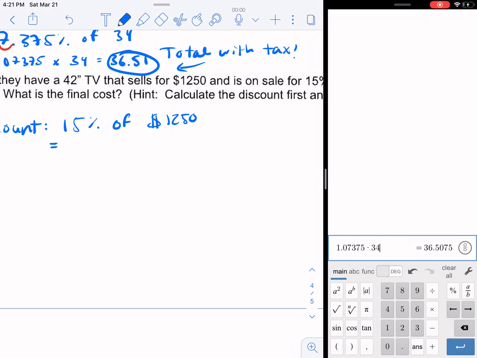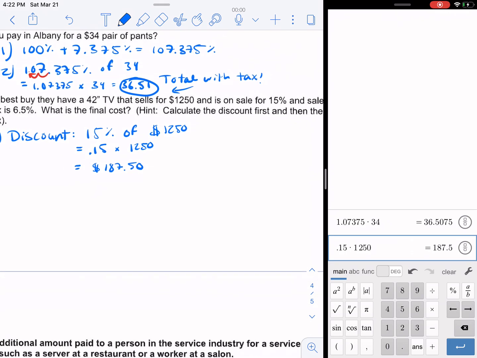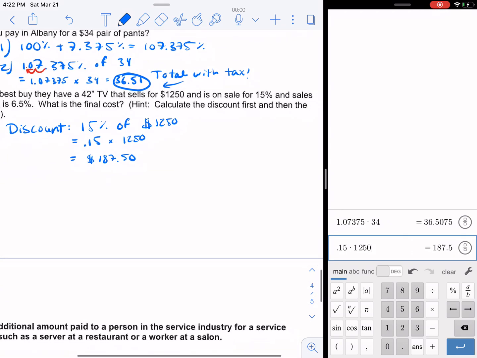Okay, 15% is 0.15. Of means times, $1,250 means $1,250. And you get $187.50. So that's how much the discount is.